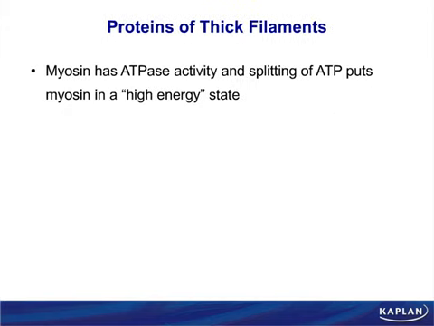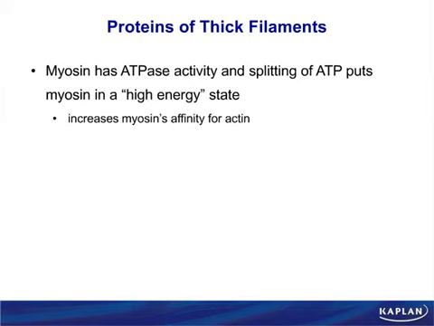Myosin has an ATPase, and the splitting of ATP puts myosin into a very high energy state. So think of it as a stored energy state. The other thing it does is, when the myosin has split ATP into ADP and phosphate, this puts myosin in a very high affinity state for actin. So in the resting state, myosin ATPase has split ATP into ADP and phosphate.